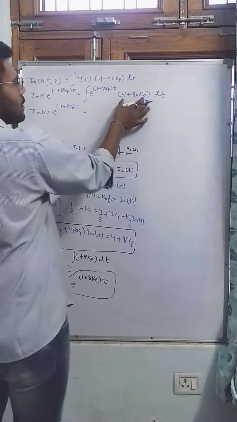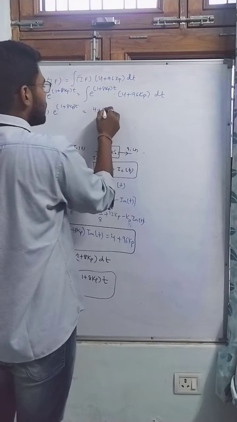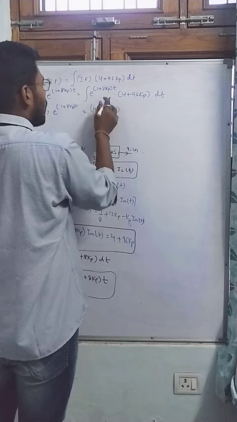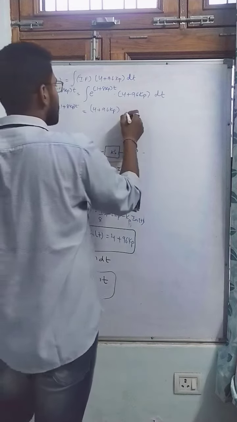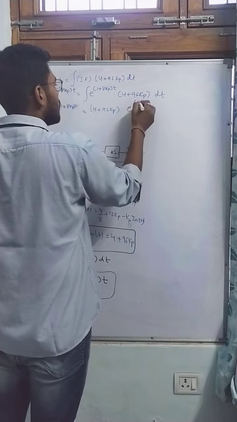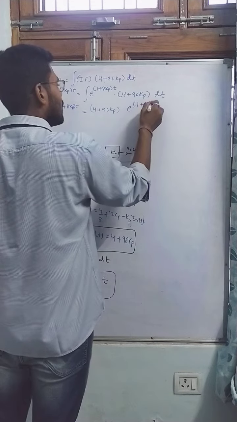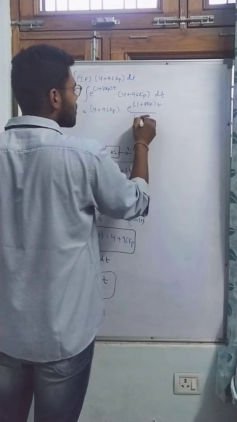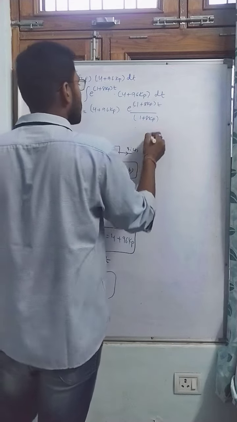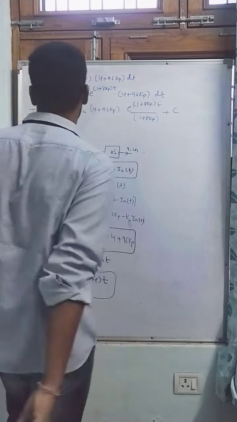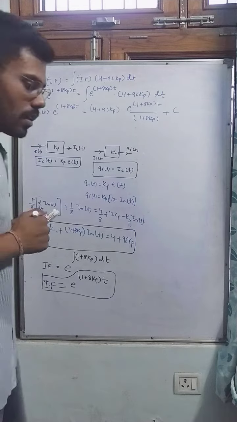This is constant, it will come outside. Now integration of e to the power ax is e to the power ax by a, yes or no, plus constant c. This is the whole integration.